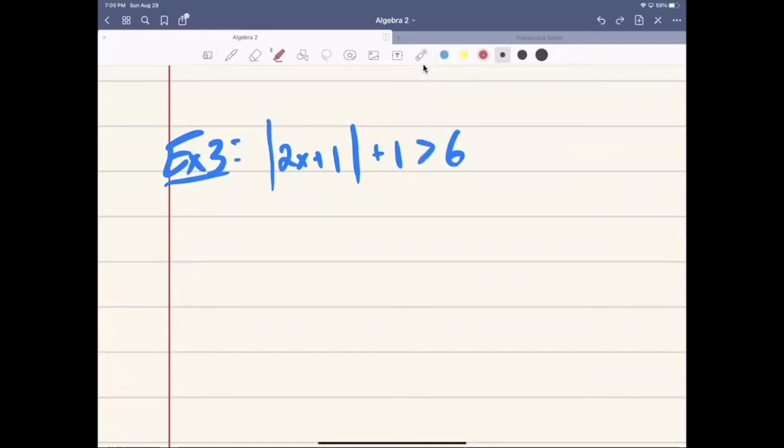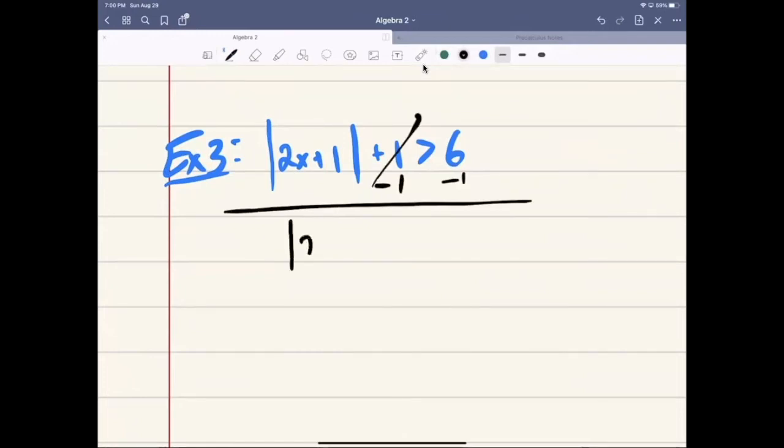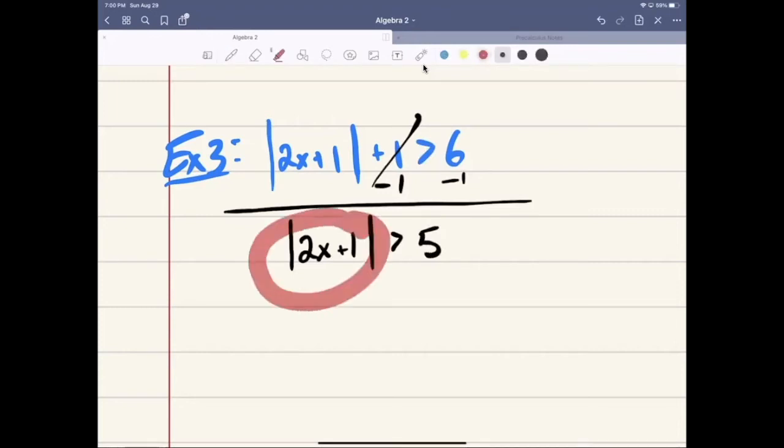But first things first, we want to get rid of this +1. How do we get rid of +1? We're going to do -1 to both sides. This is going to go away, and you're going to get that the absolute value of 2x plus 1 is greater than 5. Now that the absolute value is by itself, there's nothing outside of our absolute value.